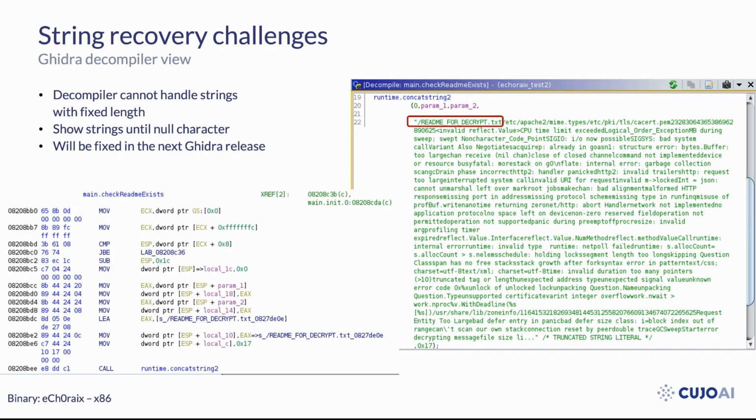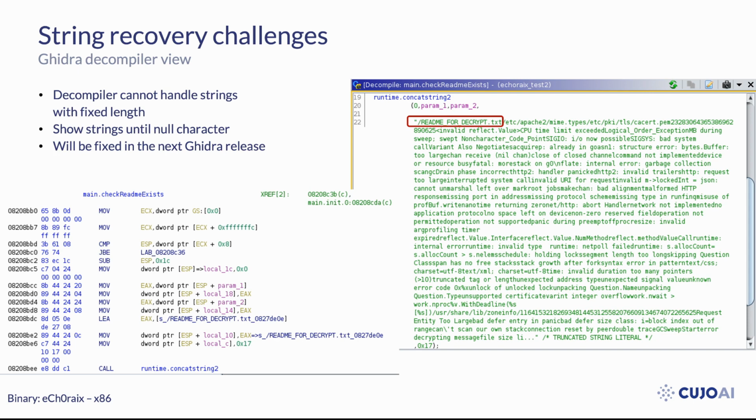And another challenge was, and still is, the decompiler view. Even when we could define the strings, as you can see on the left side, this is the listing view in the assembly. It looks very nice. There is the string that we wanted to create, readme for decrypt.txt, so we can read it easily.